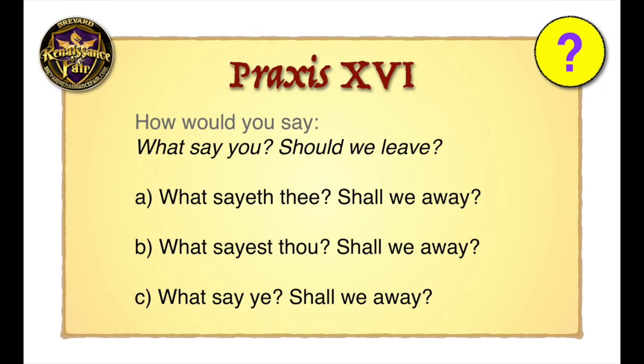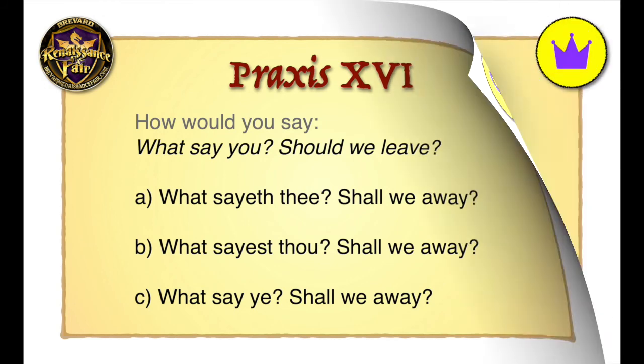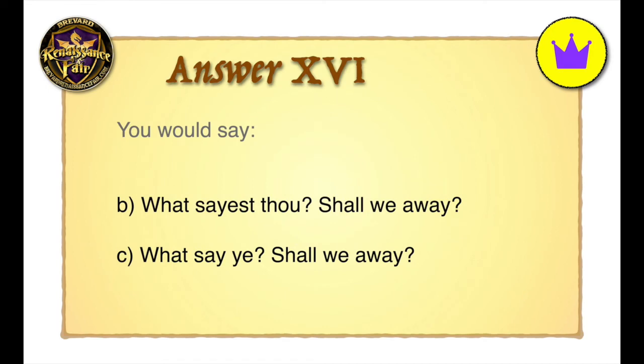How would you say, what say you, should we leave? A. What saith thee, shall we away? B. What sayest thou, shall we away? C. What say ye, shall we away? And there are two correct answers. Answer B, what sayest thou, shall we away, if you're addressing one person.